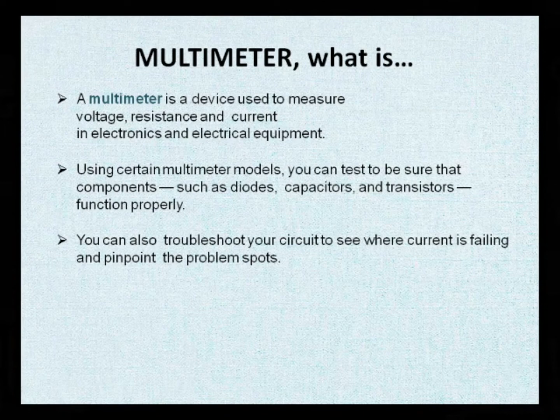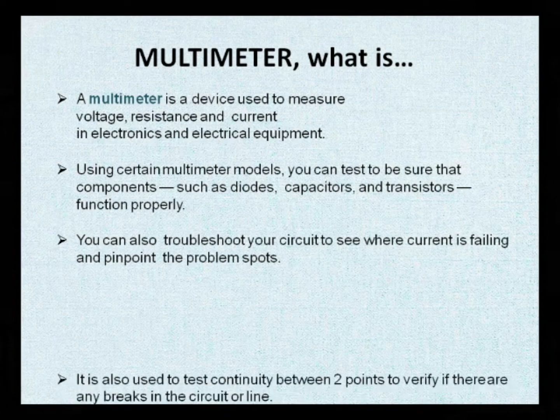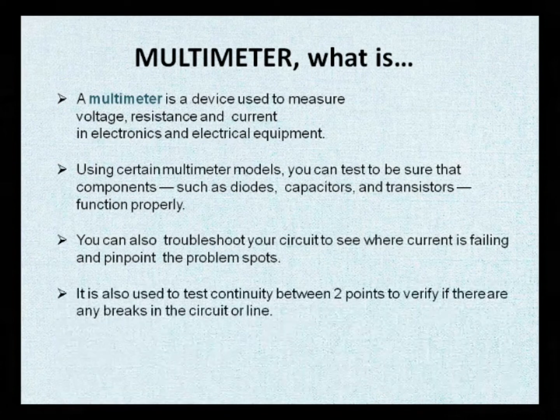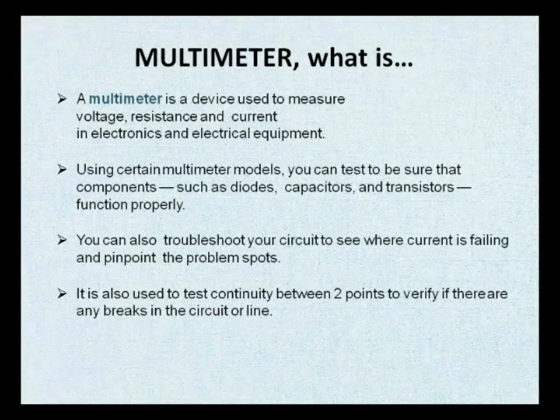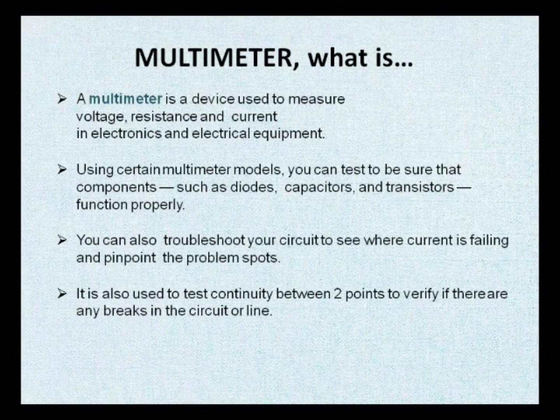All right. So you can also troubleshoot your circuit to see where the current is failing and pinpoint the problem spots. Okay, that's a mouthful here. Very complicated stuff. It is also used to test continuity between 2 points to verify if there are any breaks in a circuit or a line. Okay.